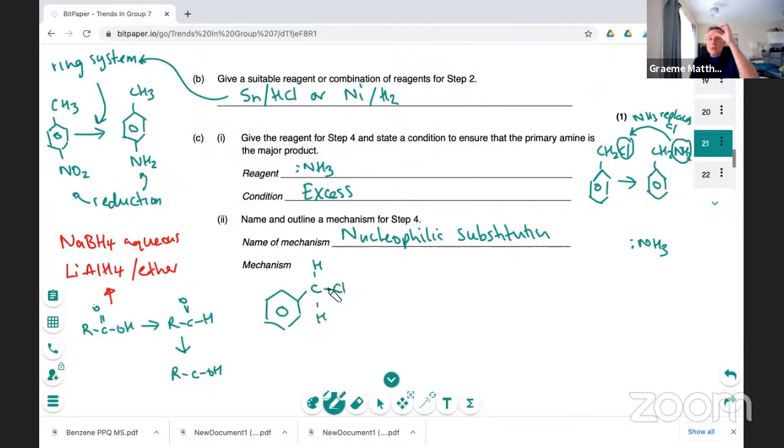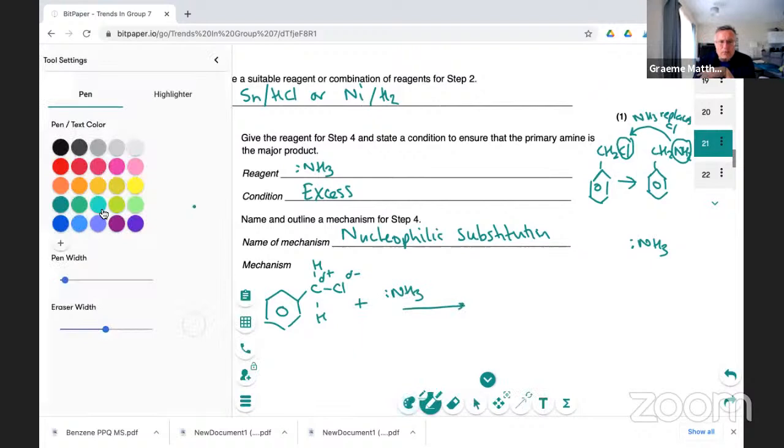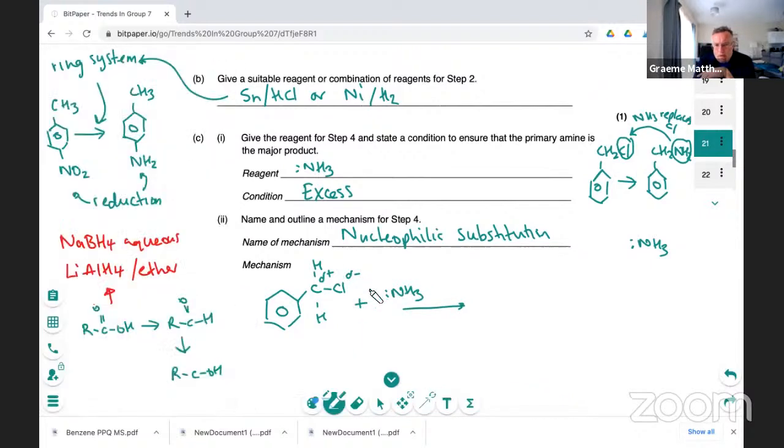And you go, oh, yeah, got it now. Because look, this is delta plus and this is delta minus. And then here's my amine coming along. It's my neutral nucleophile like this, arrow. And in Air Force Blue, I like keeping things color coordinated. The lone pair attacks the carbon right there, pushes the electrons up to here.